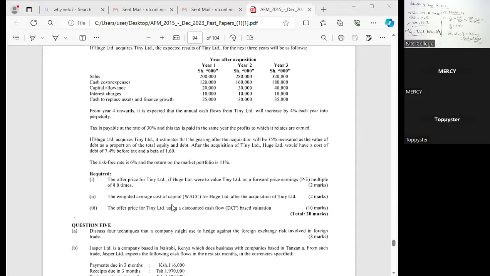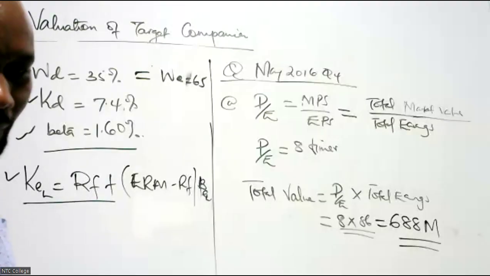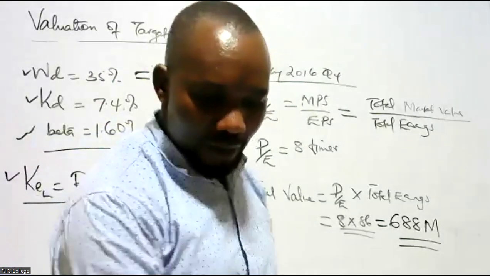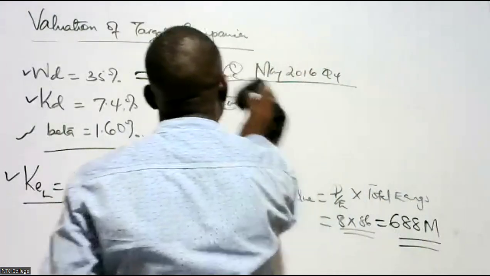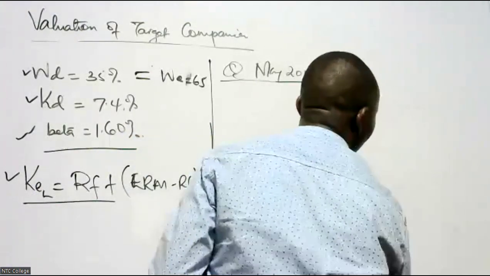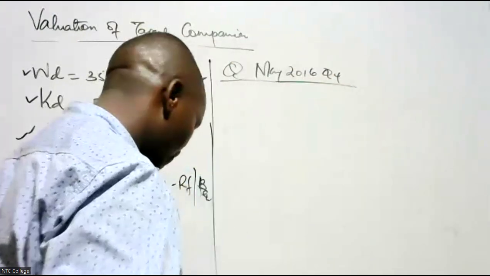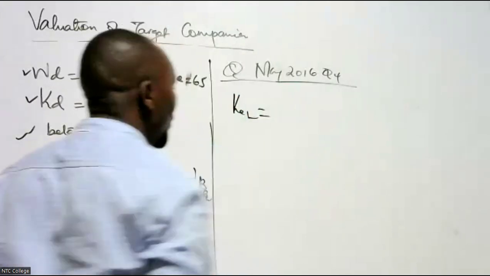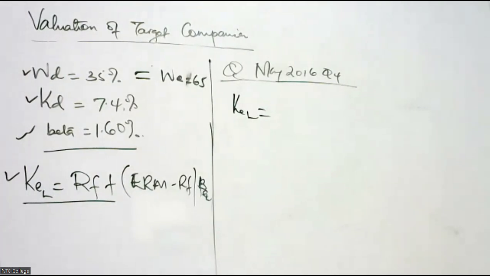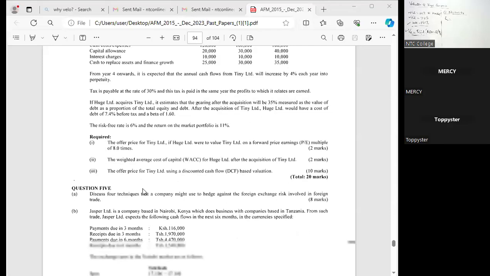The second part of the question, that was Roman 1. The second question is to calculate WACC. So WACC you can calculate using the information that we have here. So our Ke is equal to, what is Rf? We have 6 and then 11.